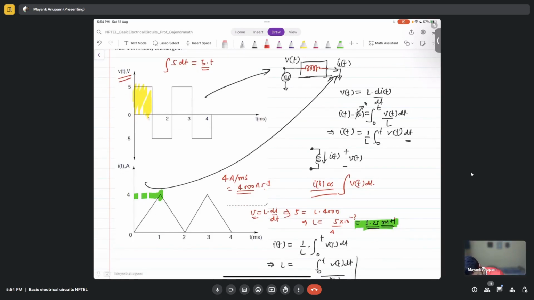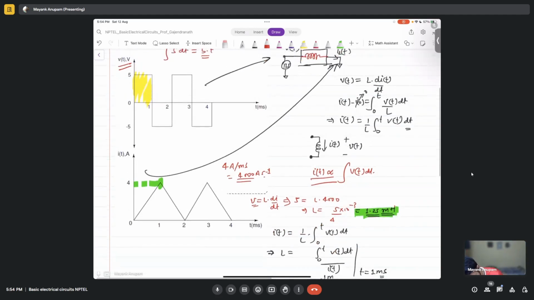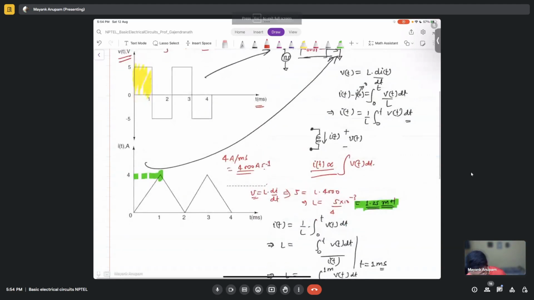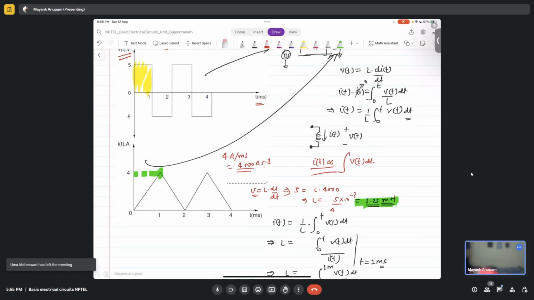Limit 0 to 1 millisecond. Integration is interpreted as the area under the curve. The area under the square wave is simply the length multiplied by breadth. So the area is simply 5 units.